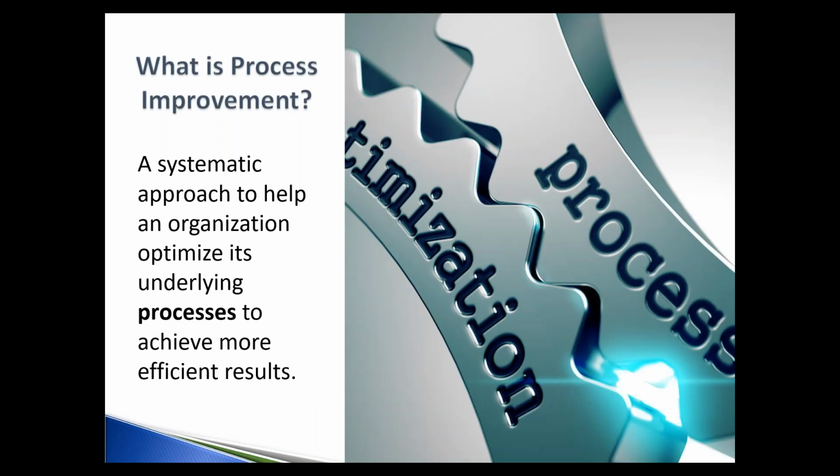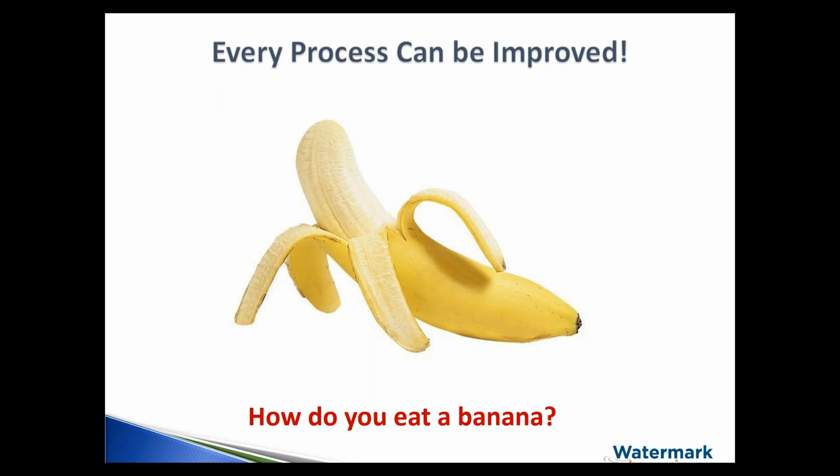Process improvement itself is a systematic approach to help us optimize our processes to achieve results and to maximize the value that the process brings to an organization. The premise is that almost every process, maybe every process, can be improved.